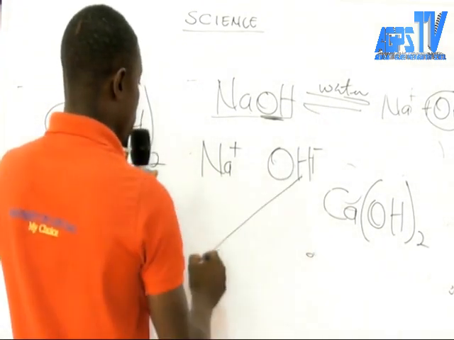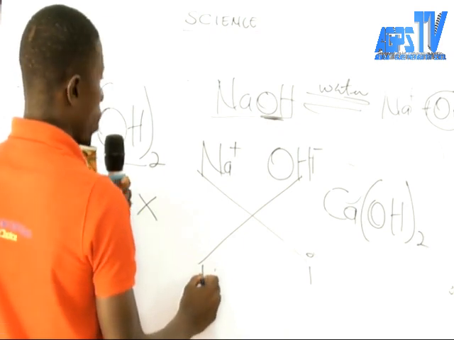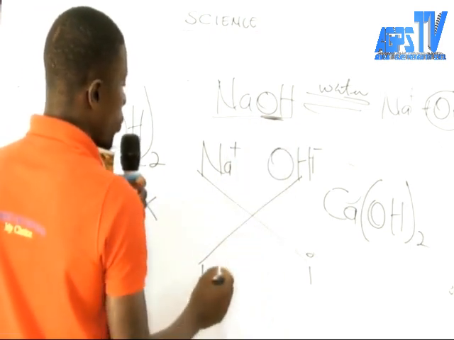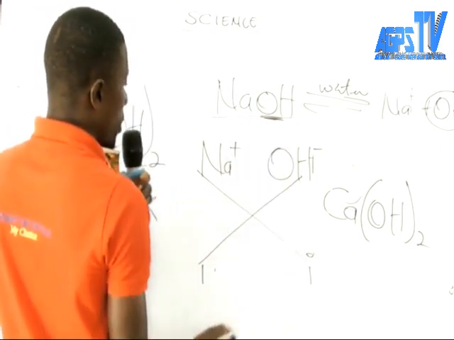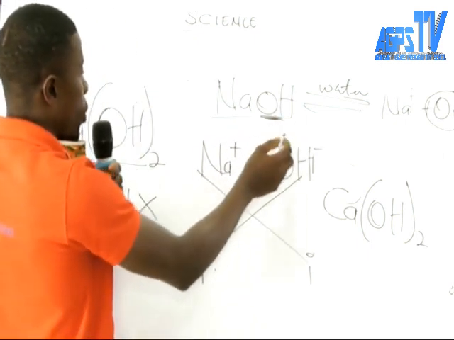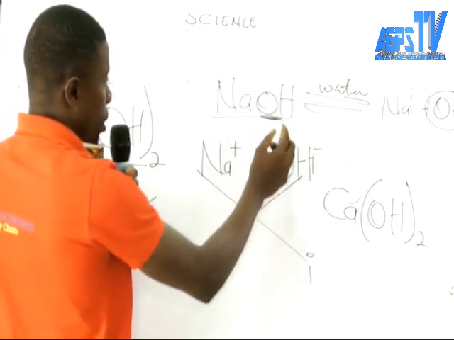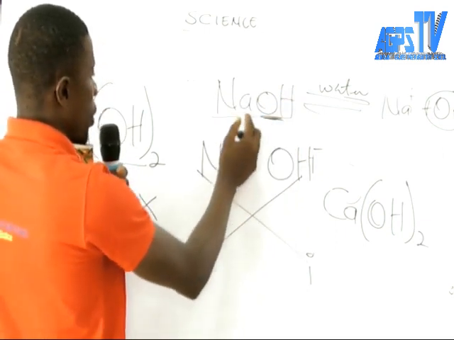So you write your 1 here, and your 1 here. So we don't write it with any bracket. Sodium hydroxide is NaOH because this one has a valency of 1 and this one too has a valency of 1. So if you combine them, you just write NaOH.